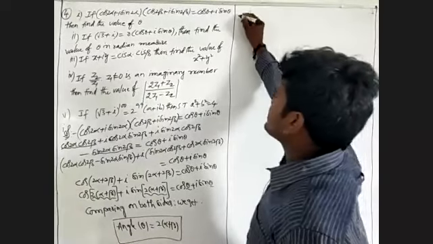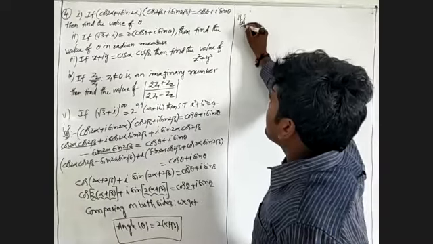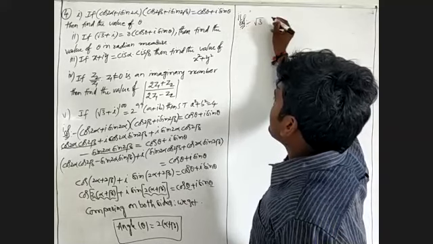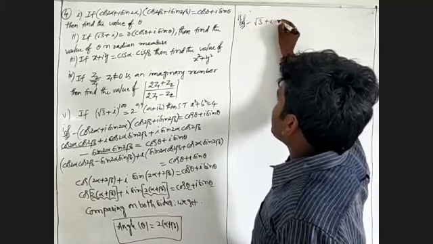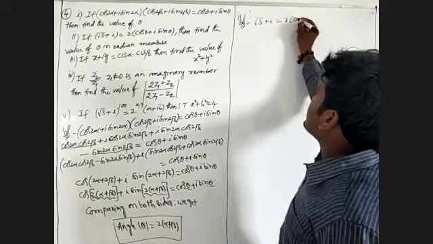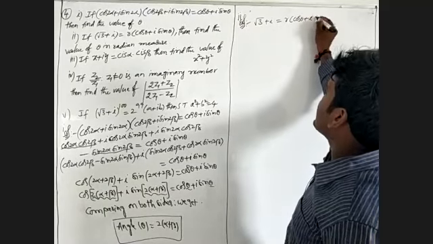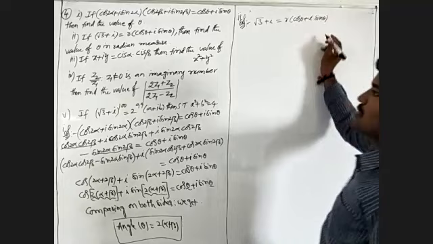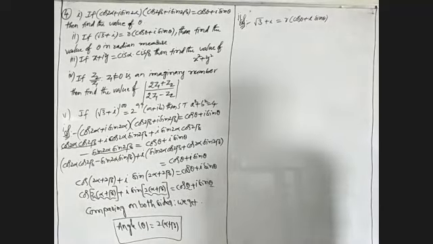Now I am going to the second one. What is given? √3 + i is equal to r(cos θ + i sin θ). Find the value of θ in radian measure.